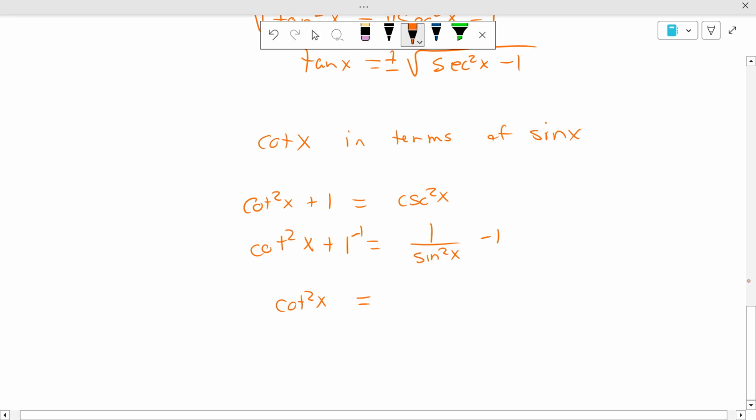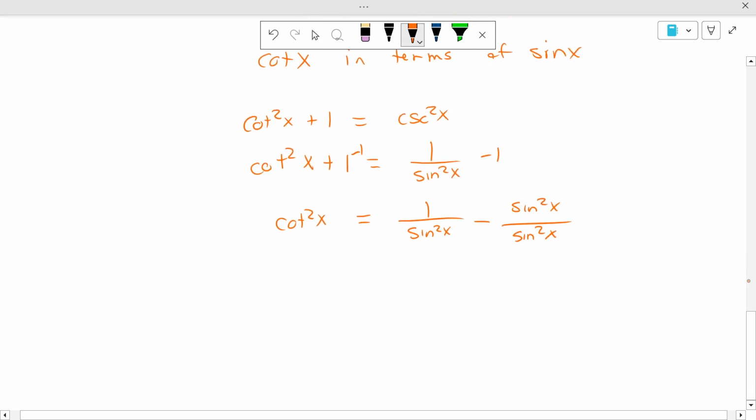So this 1 is going to become a common denominator. So 1 is sine squared over sine squared. So cotangent squared of x equals 1 minus sine squared of x over sine squared of x. Okay, see how that works?